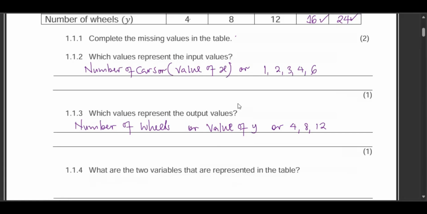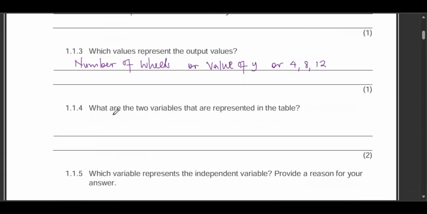Then we ask, what are the 2 variables represented in the table? Still we are looking at the same story: the number of cars, or the number of wheels.